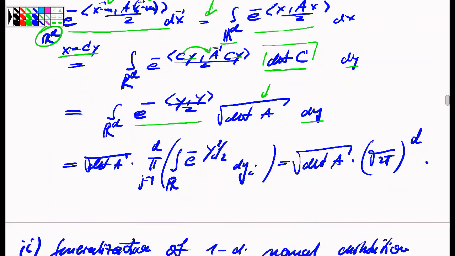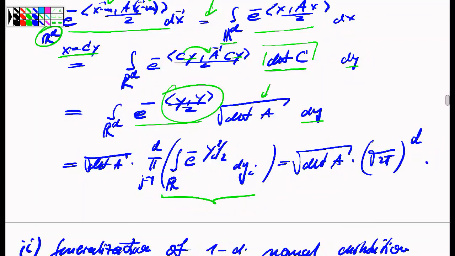But this expression is then just the Euclidean norm of y squared, so it's the sum of the y_i squared in the exponent, which, by the property that the exponential of a sum is the product of the exponentials, I can write as an integral over all these individual coordinate square functions, where, since the product is the Euclidean product, by Fubini's theorem I can write it as just the product of these integrals with respect to the individual coordinates.